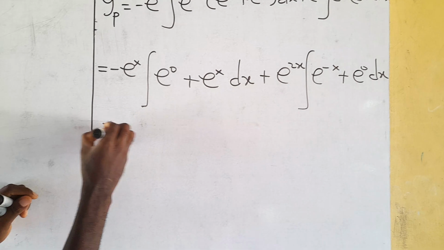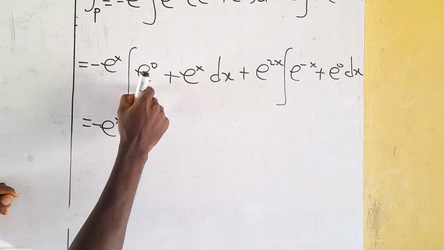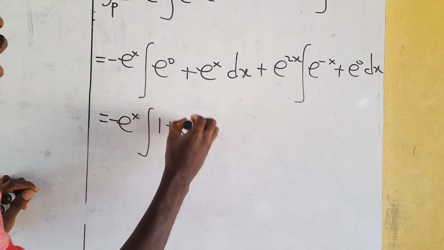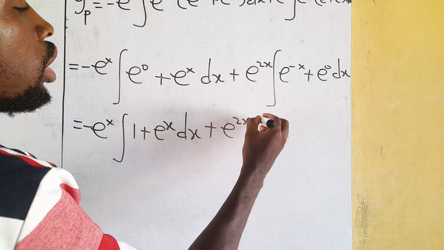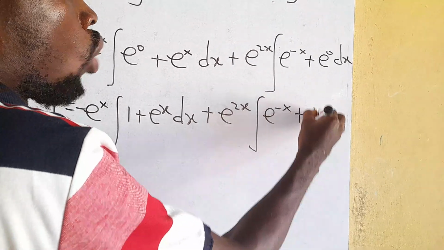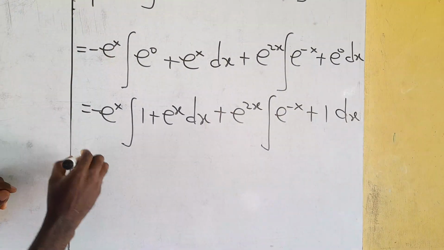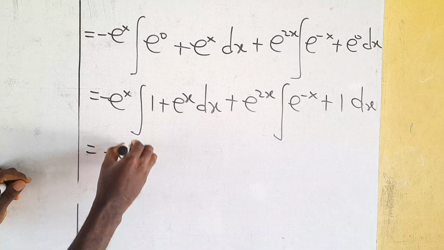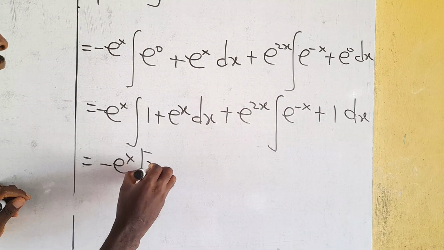So what do we have? We have negative e exponent x, the integral of 1 plus e exponent x dx, plus e exponent 2x, the integral of e exponent negative x plus 1. Remember, e exponent 0 is 1. So this will be equal to negative e exponent x. Now we integrate this. When we integrate 1, we get x.